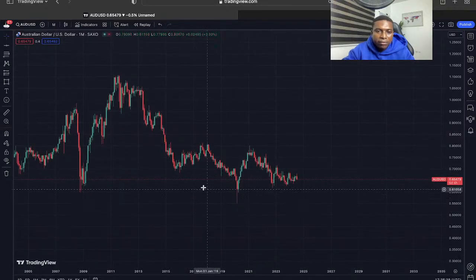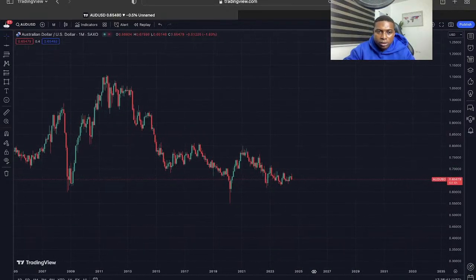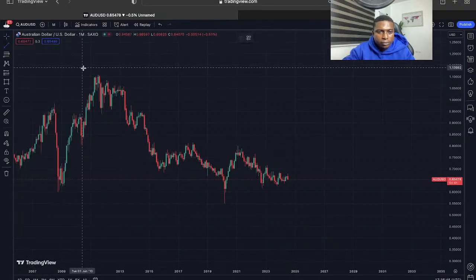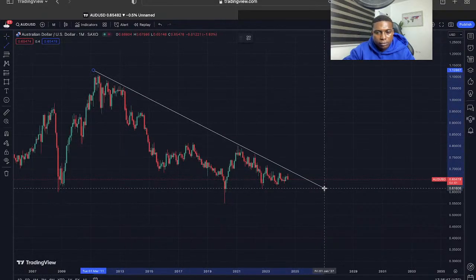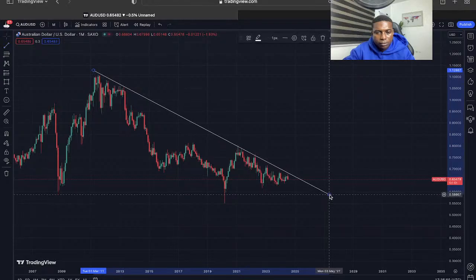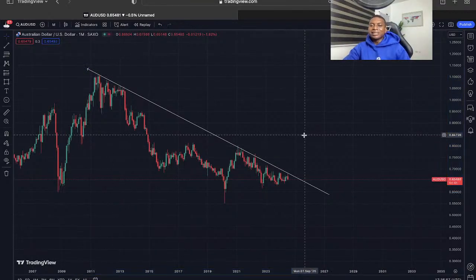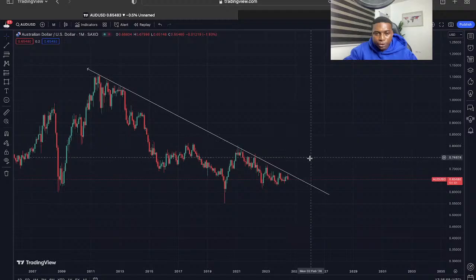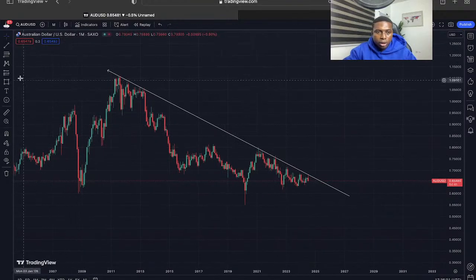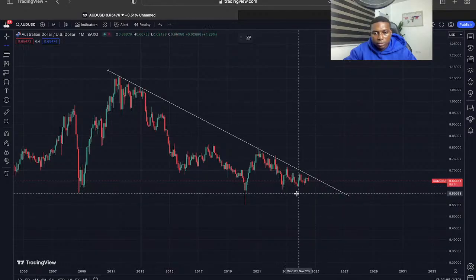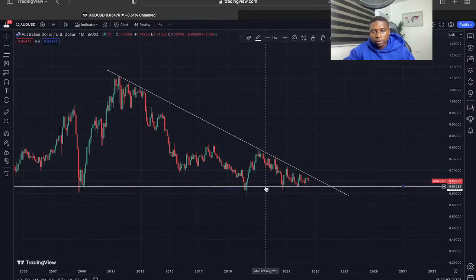On the monthly time frame of AUD USD, we can see here that the market is in an overall downtrend. Okay, good.